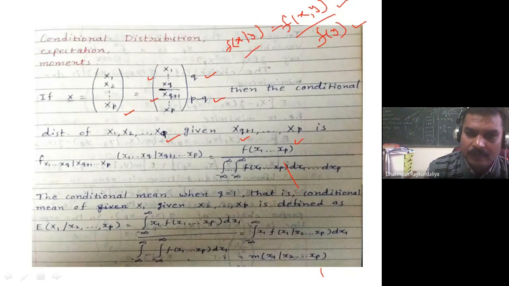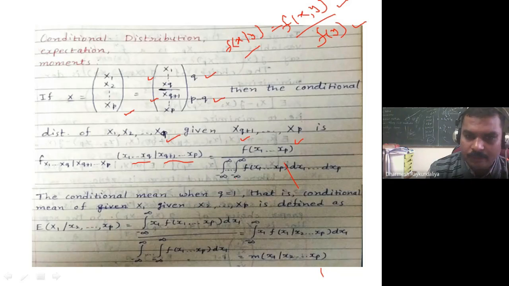Similarly here, we wish to find the conditional distribution of x1, x2, xq given xq plus 1 to xp. How do we obtain this? First you have to find the joint density, which is f of x1, x2 up to xp, divided by the marginal density of xq plus 1 up to xp. How will you get this marginal density?